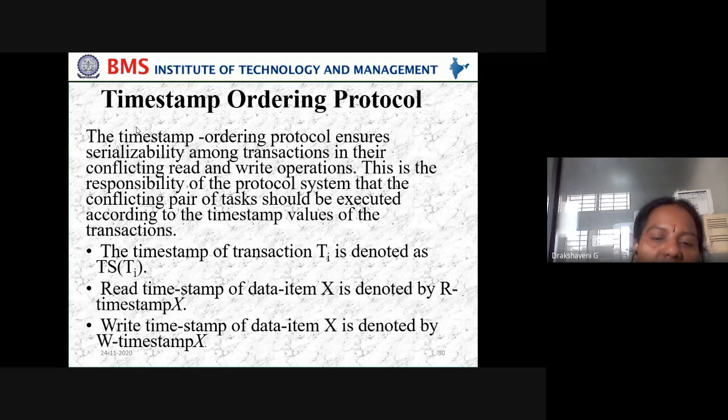The timestamp of transaction Ti is denoted as TS(Ti). The read timestamp of data item X is denoted by R-timestamp(X). The write timestamp of data item X is denoted by W-timestamp(X).